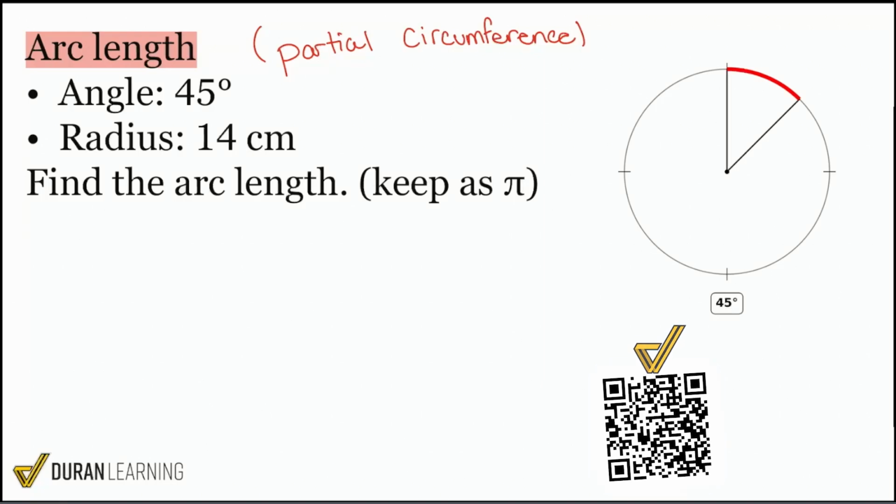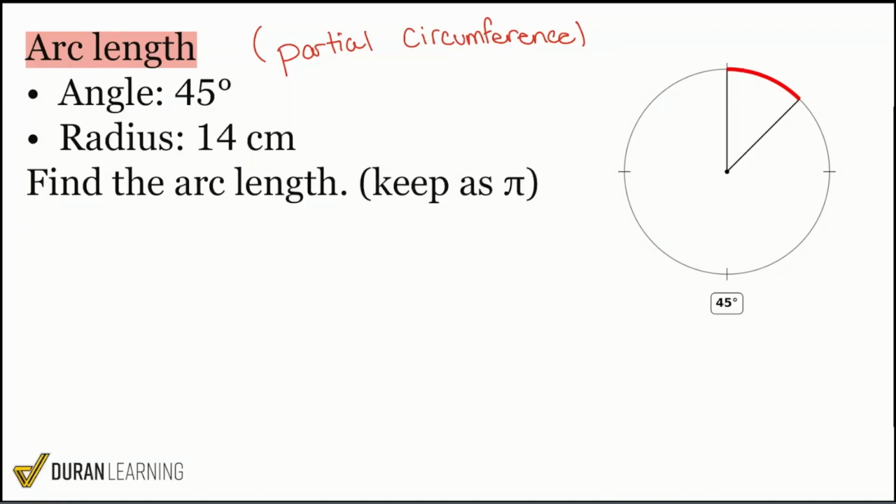And so here's what we're going to do. Watch and learn. I got your back here. What we're going to do is realize that, again, we're dealing with part of the circumference. And so my question is, well, what part of the circumference am I dealing with? How much of the circumference? And to find that, you need to translate the 45 degrees, this right here.